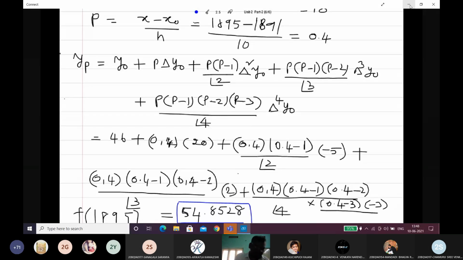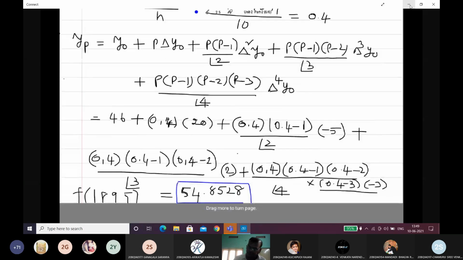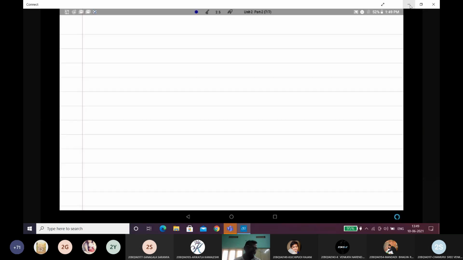Okay. And again, we have to find the population in the year 1925 by using the backward interpolation formula.